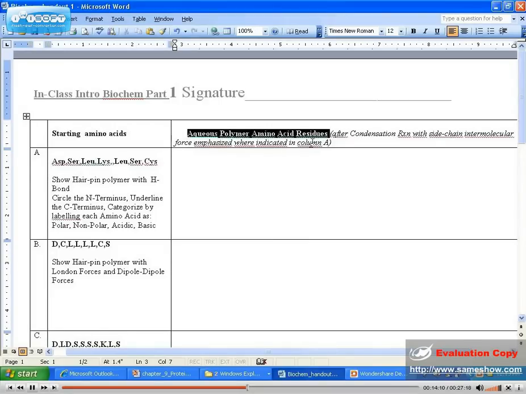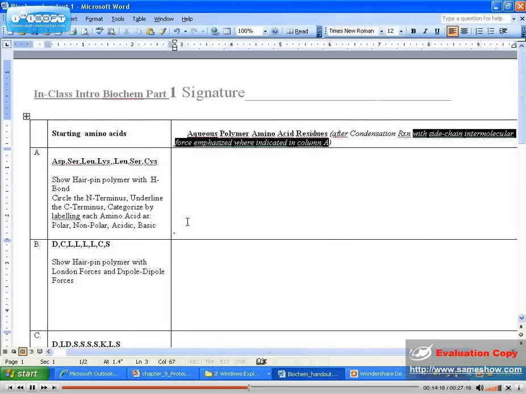Basically, you'll be asked to create a polypeptide. And you're going to have to emphasize key side chain intermolecular forces. That way you can really appreciate the intermolecular force stickiness as these polypeptides loop around themselves to form their 3-dimensional structure.